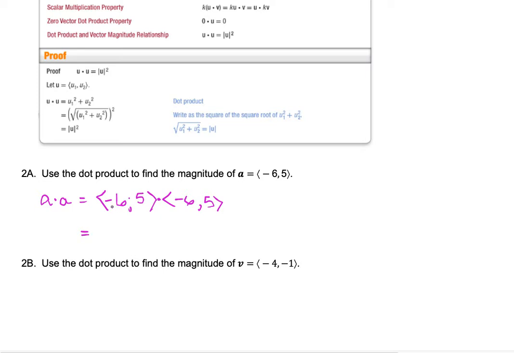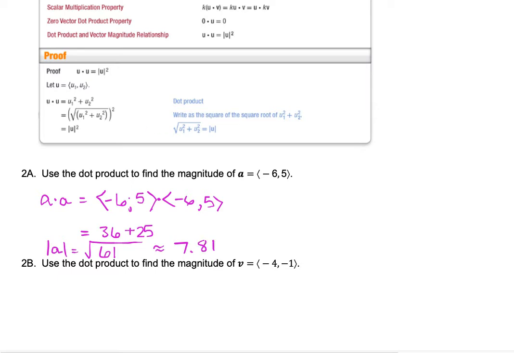So negative 6 times negative 6 is 36, plus 5 times 5 is 25. And then to find the magnitude of that, we will just need to take the square root. And that's what, 61. So the magnitude of vector A is the square root of 61. And I guess if you find a decimal approximation, it's about 7.81.